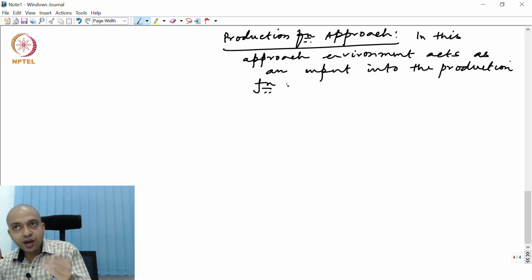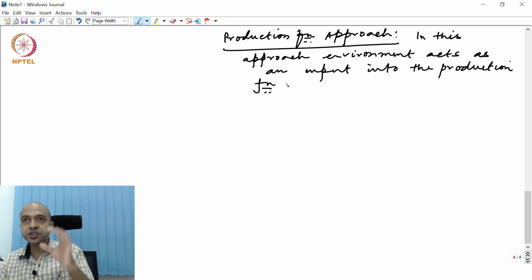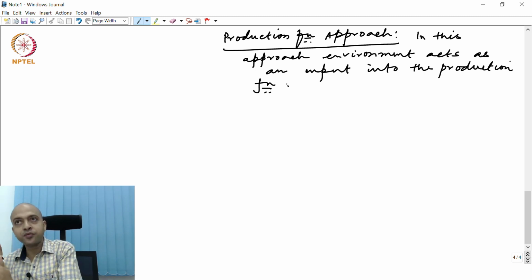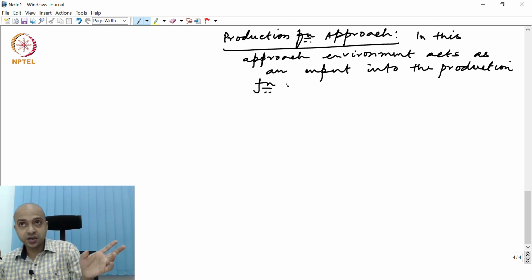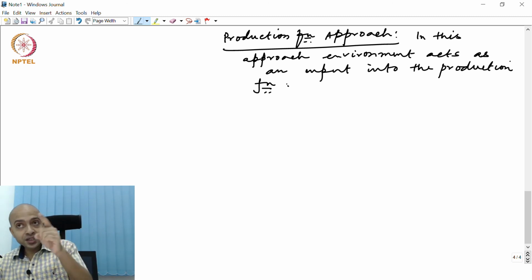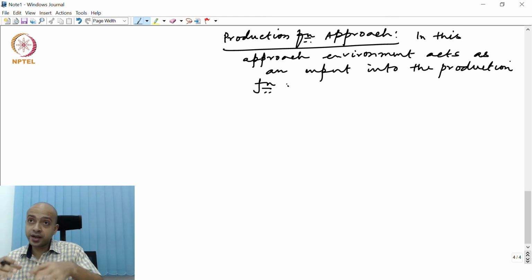So by now what we understood is that there are basically three approaches to estimate the economic value: stated preference, revealed preference, and production function approach. Now, as I said, there is no guarantee that all of them would be able to capture the entire total economic value.